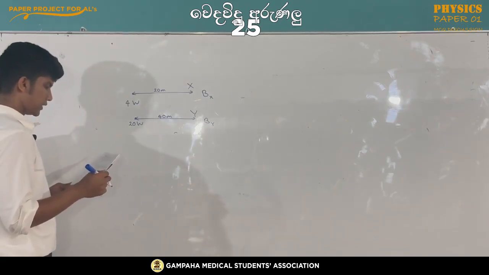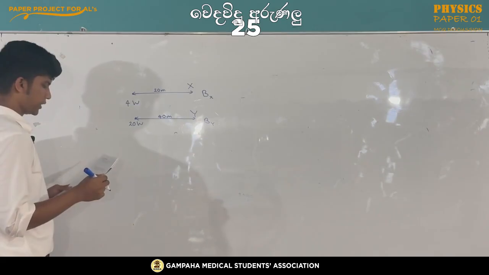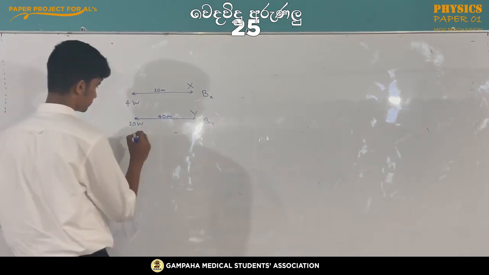And the sound intensity level of M, who is 60 meters from a sound source of 40 watts, is Bm.